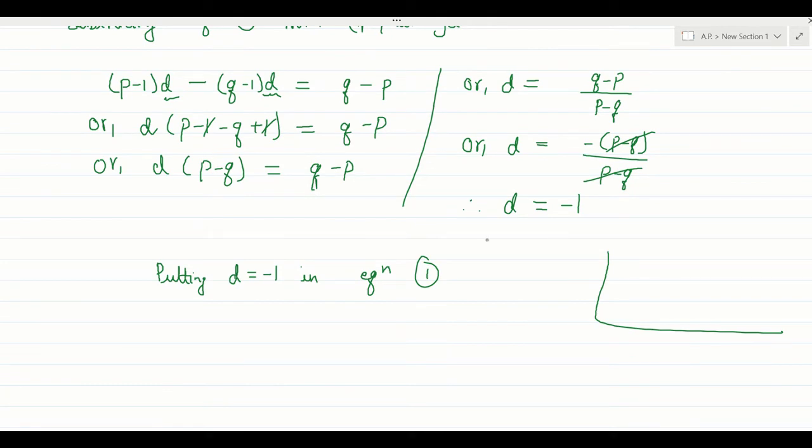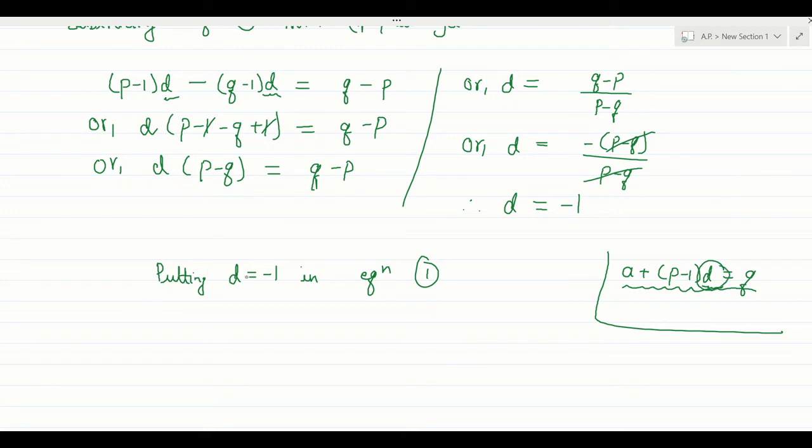It is A plus P minus 1 D is equal to Q. So in this equation, in place of D, we are going to put minus 1.